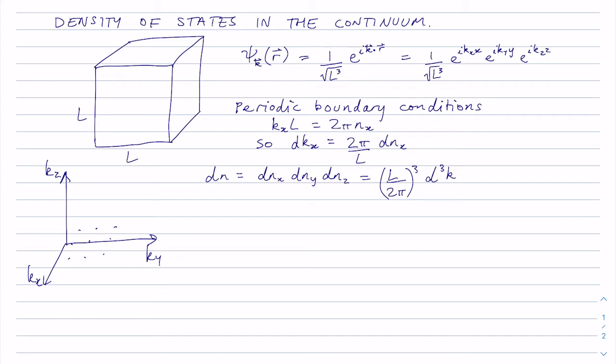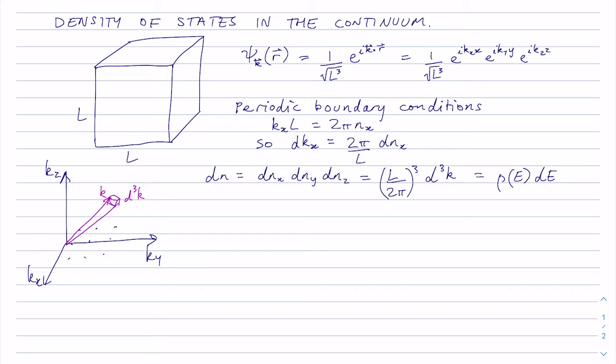Then we have some particular vector k, and that will make a little box, and that's my d3k. I want to know how many of these dots are inside that box, and that will be the density of states for a particular energy. So how does that work?